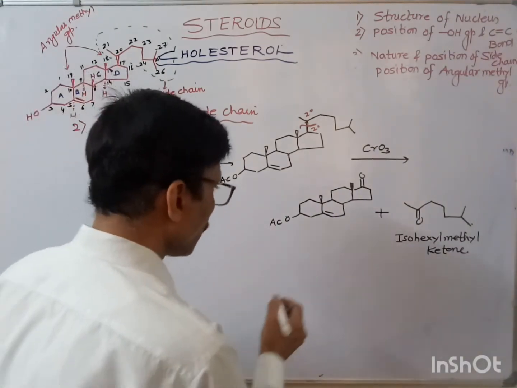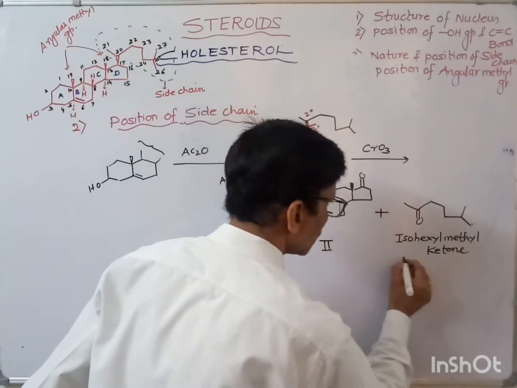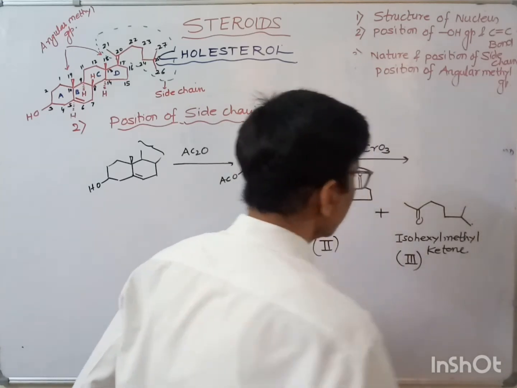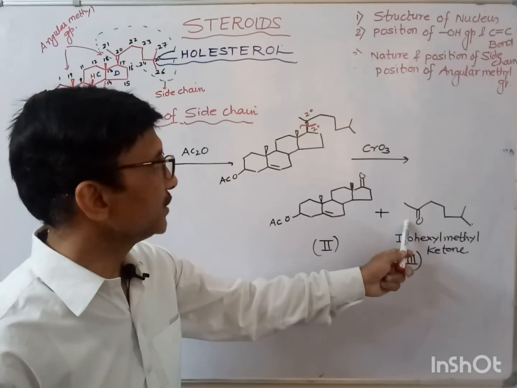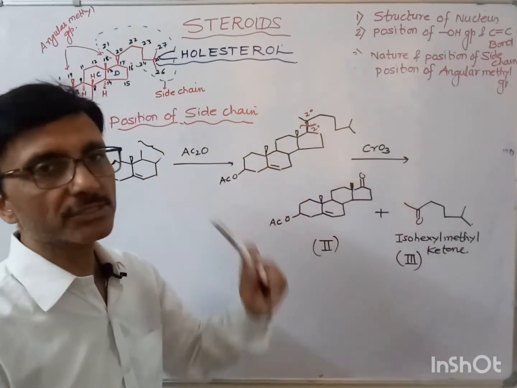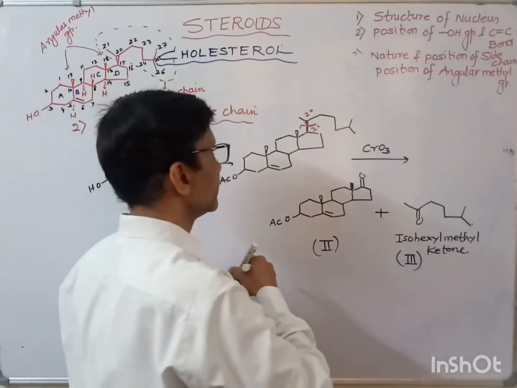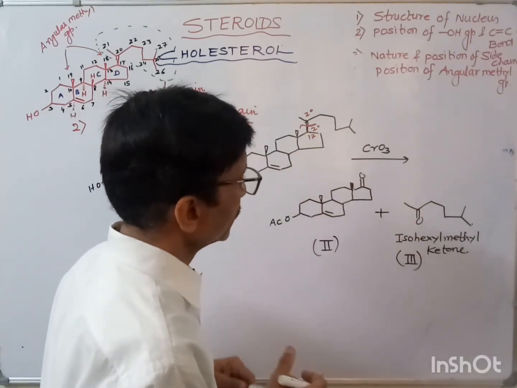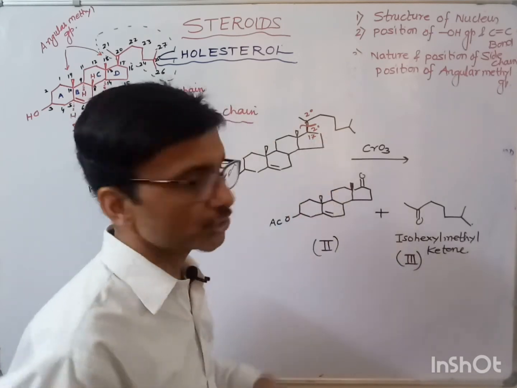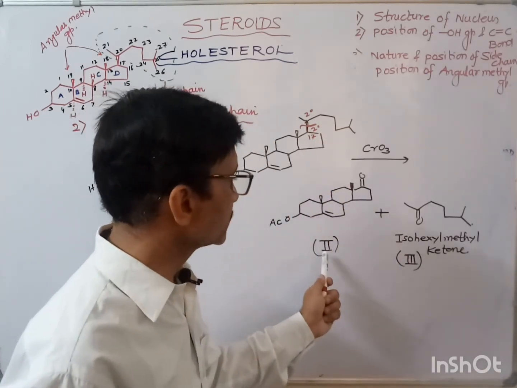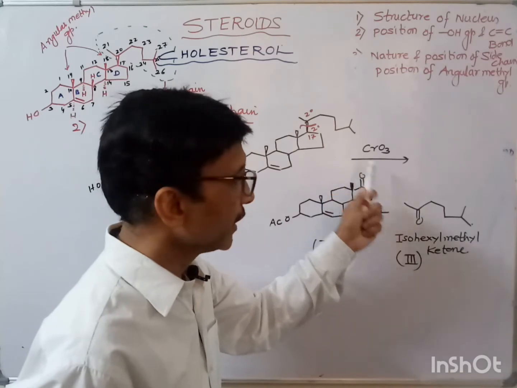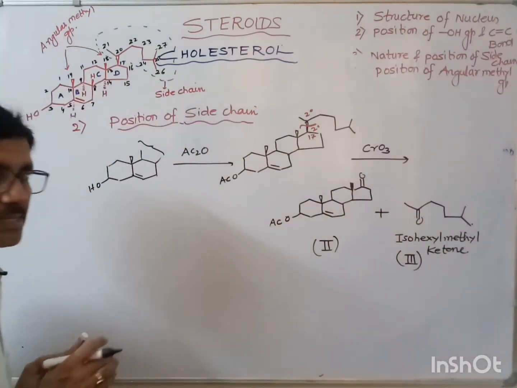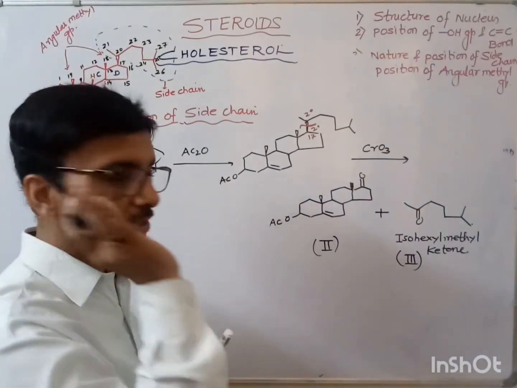So this formation of the second and third, what does it indicate? Second and third indicate that the isohexyl side chain is present at the 17th carbon. The formation of the keto group here and of this isohexyl methyl ketone tells the nature and position of the side chain.